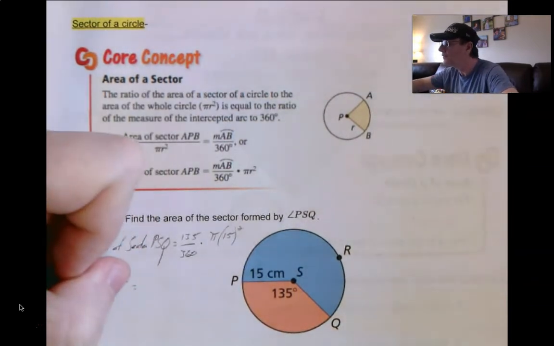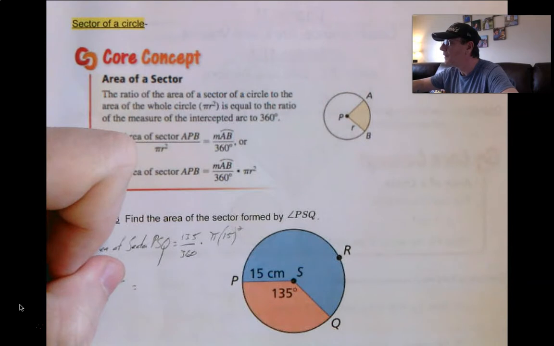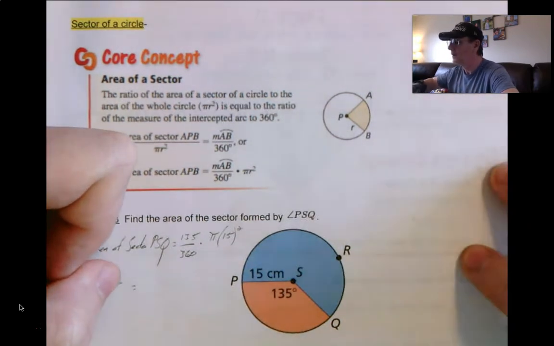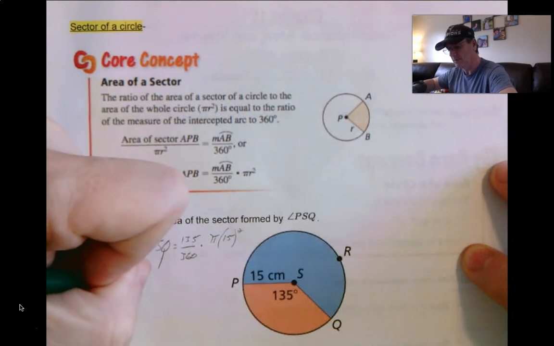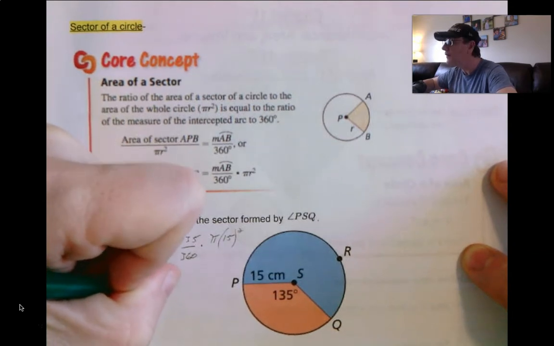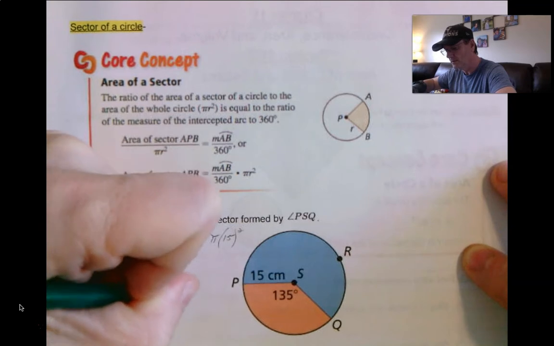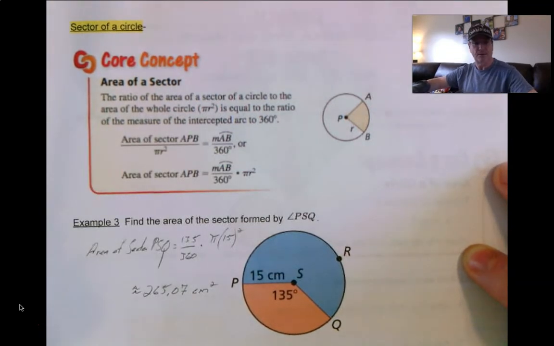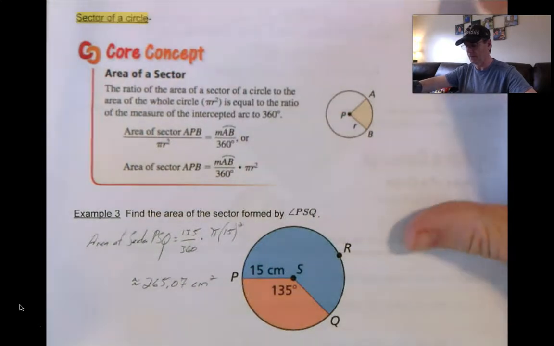So 135 divided by 360 times pi times 225, which is 15 squared, gives us approximately 265.07 square centimeters.